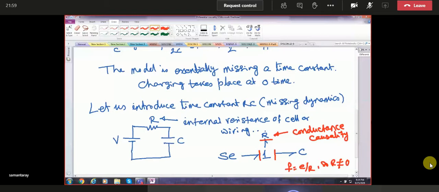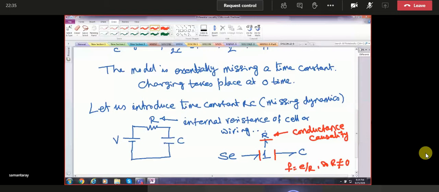So if you plot, let's say, power in resistance versus time, you will find this is I square R. If resistance is small, your I square R is B square by R, where B is constant.